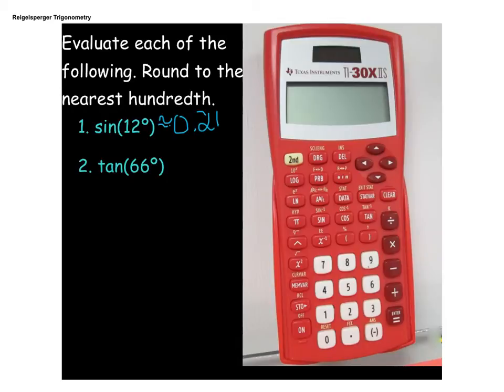All right, for the tangent of 66 degrees, you should have pressed the tangent button, and then 66, and then the end of your parentheses, and then you press enter, and you should have gotten approximately 2.25.